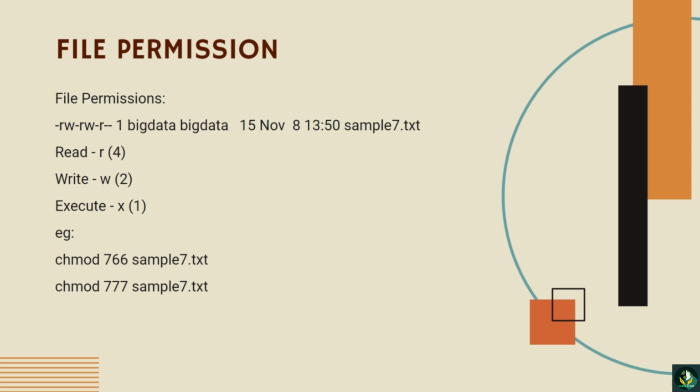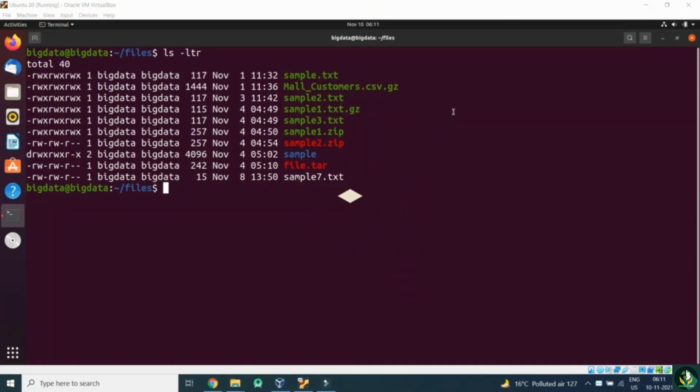So let's get started. So we have sample7.txt file. It has read write execute, read write permission for owner, read write permission for group, and read permission for others.